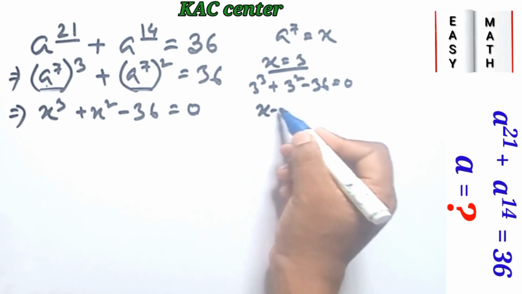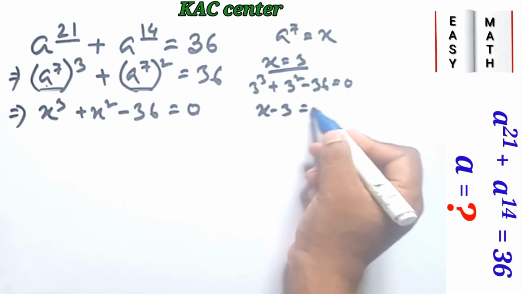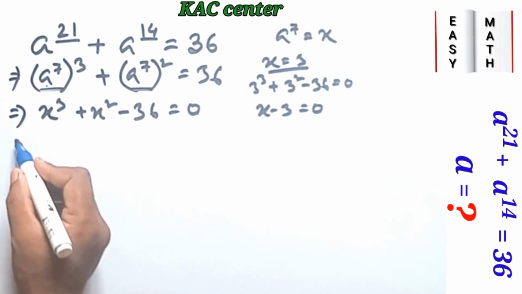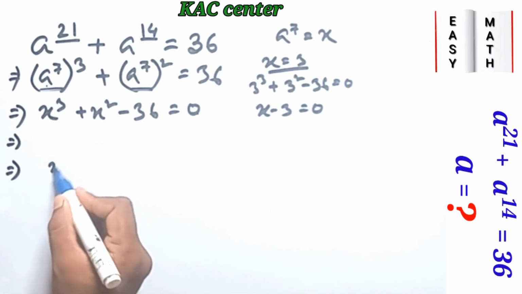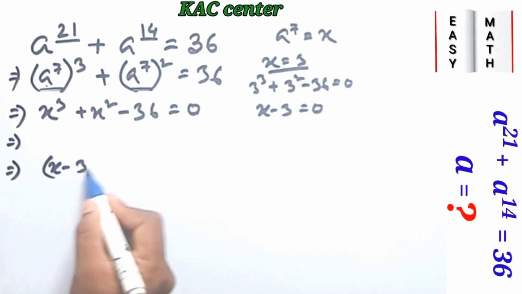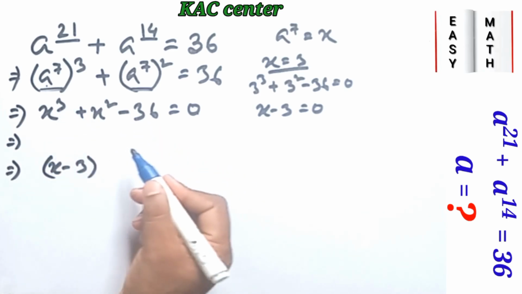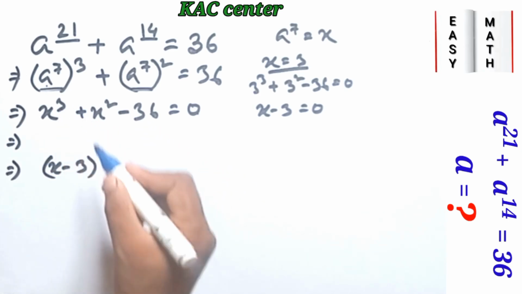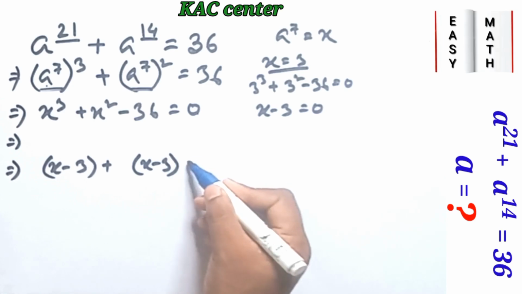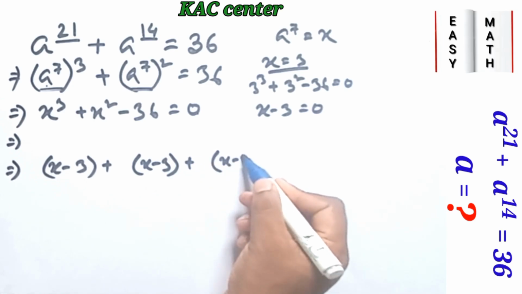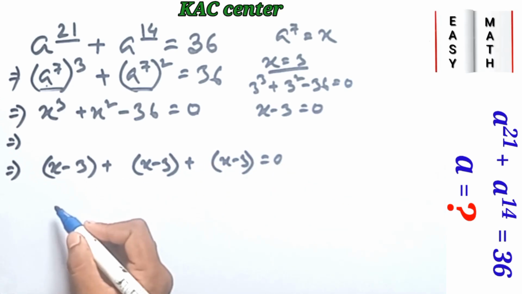So x minus 3 is one determinator, and another determinator is to be found out. So we can write x minus 3, and this is a cube. So 3 times we can write x minus 3 and plus x minus 3 is equal to 0.